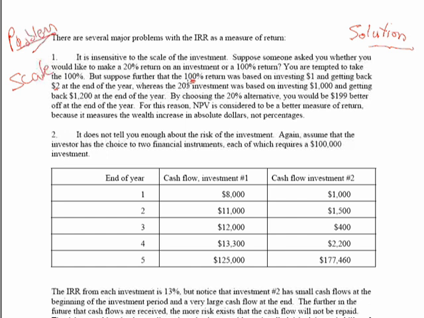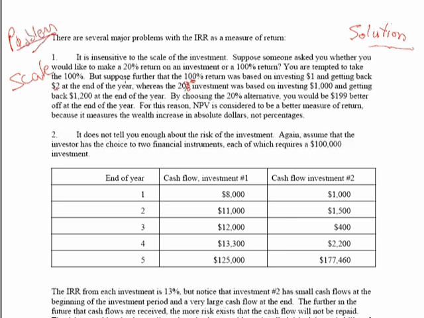Whereas for the 20% investment, I'll invest $1,000 for you, and at the end of the year you'll get back $1,200. So you get to keep $200, and in the first example, you only get to keep the increase of a dollar.